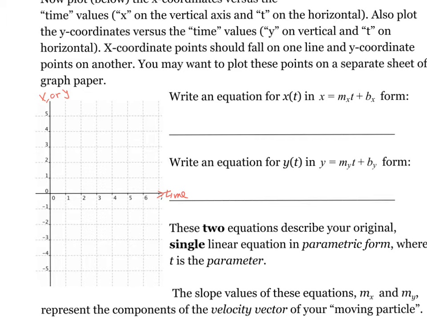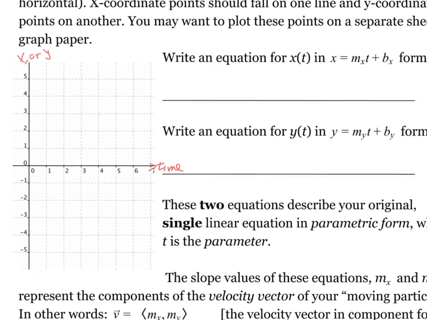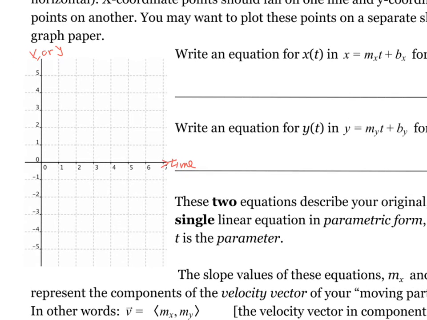What you need to do is flip back to the line that you graphed on the previous page. Looking only at the x coordinates of those points along the line, graph each of those points here using the time value as the horizontal position and the x coordinate as the vertical position. If I start with the blue pen, I'm going to look at the x coordinates first.